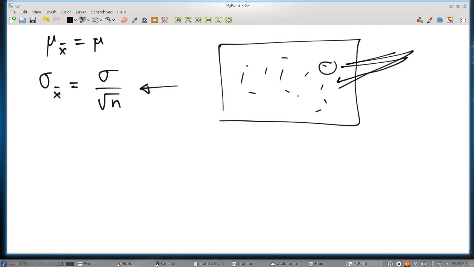Now, so here we are, let me go back here. So here we're talking about the population being infinite, a huge number. Let's say 50 versus 347 million. Something like that. So that's a huge number.